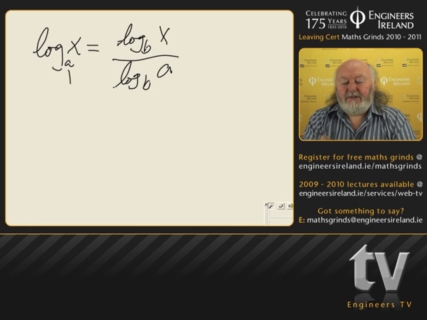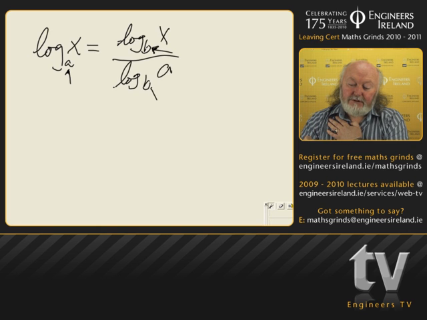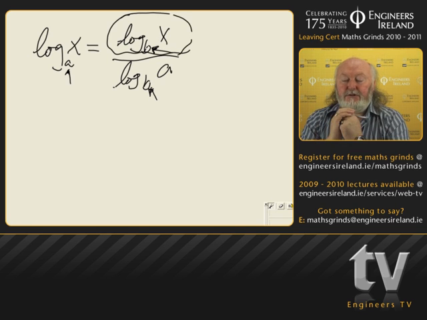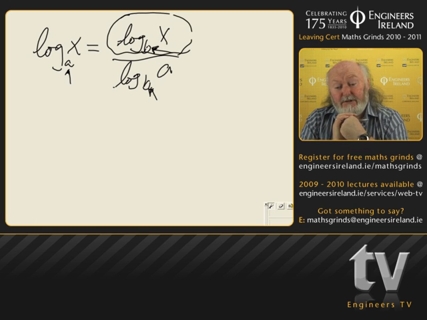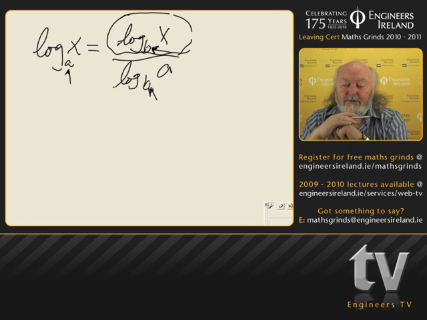We have a base a here, like we've been using, but look, there's a different base here, and that different base is down here. What we're saying is, if I happen to know the log to the base b of x, how do I convert that across to the log in a different base, the base of a?